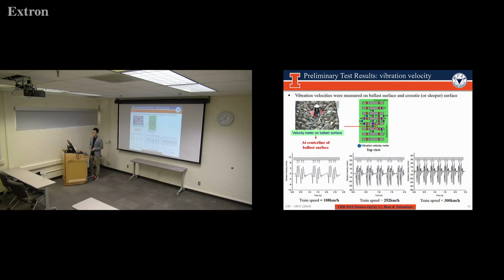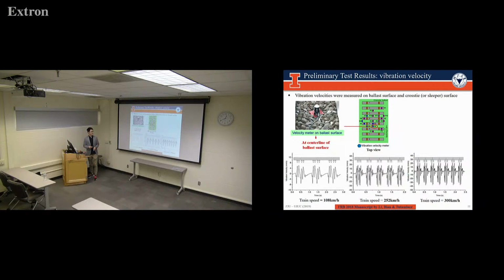So here are some preliminary test results we obtained from the lab experiments. The vibration velocity was measured for the ballast surface, and as you can see, the velocity meter was mounted on the center line of the ballast structure.